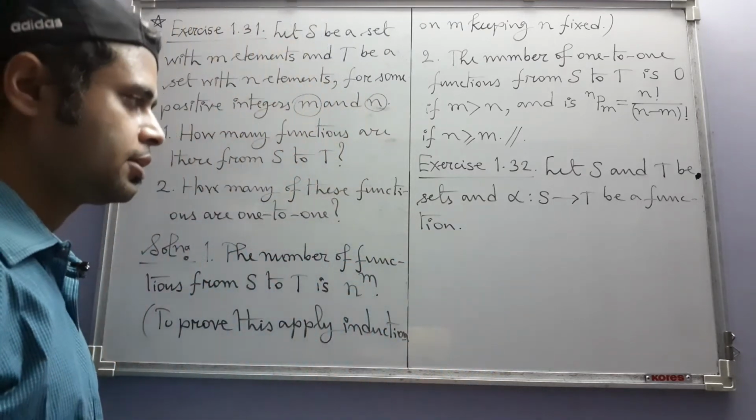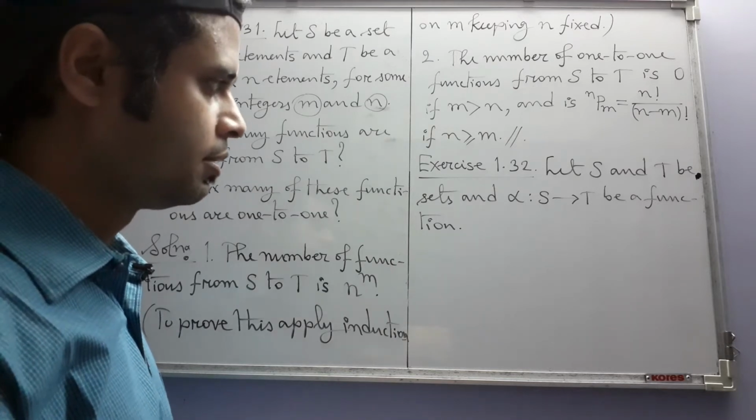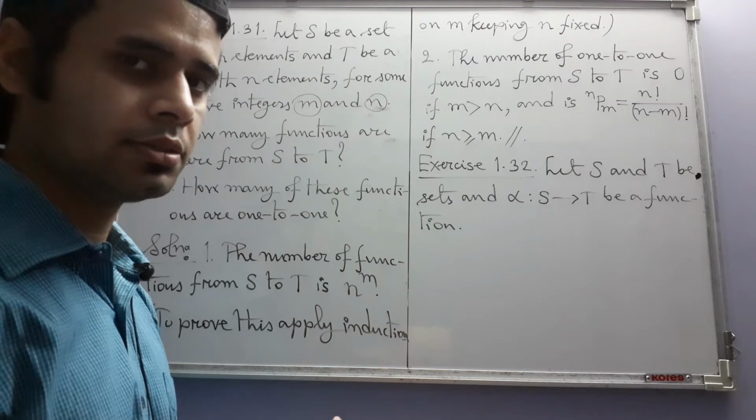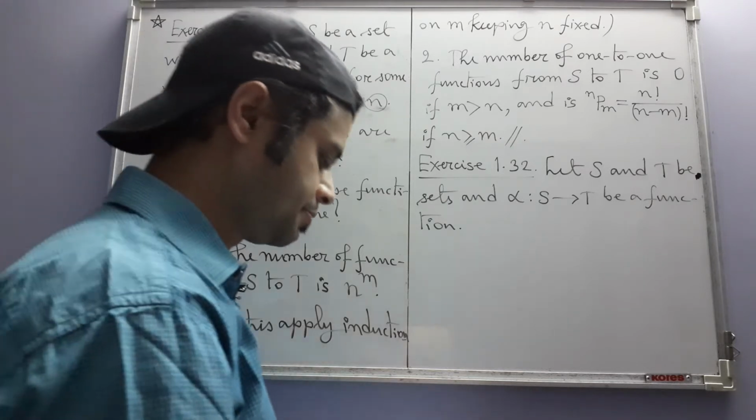Okay, so two sets are given and a function between them is given. Nothing else is said about alpha, whether it is 1 to 1 and or onto. We don't know those things.